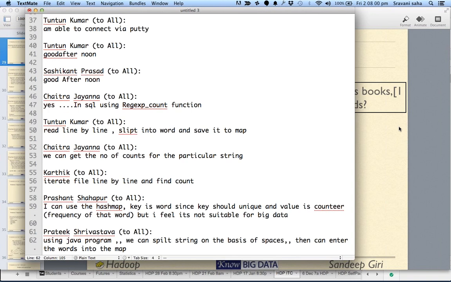Any other approach? Any other approach? Using the wc command to find the number of words. Mhm. Give me a little more details, because wc is a command of Unix.